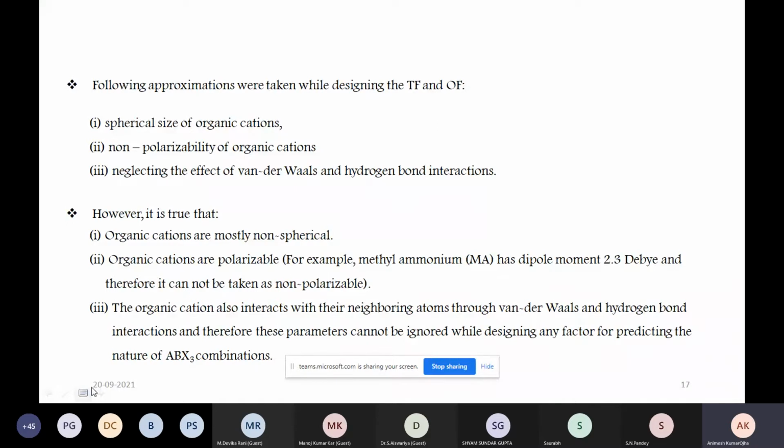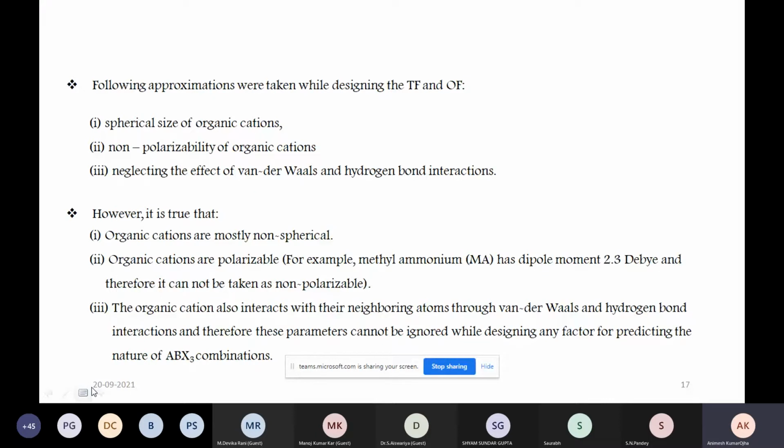The reason is that while introducing these two factors, the scientists assumed that the molecules are spherical in shape, which is obviously not true for all compounds. Second is the assumed non-polarizability of organic cations; we cannot say that an organic molecule is not polarized, as there are organic cations which show polarizing character.